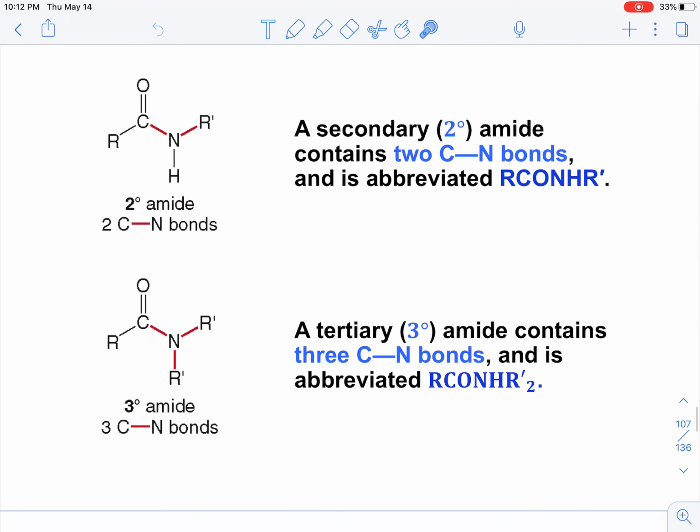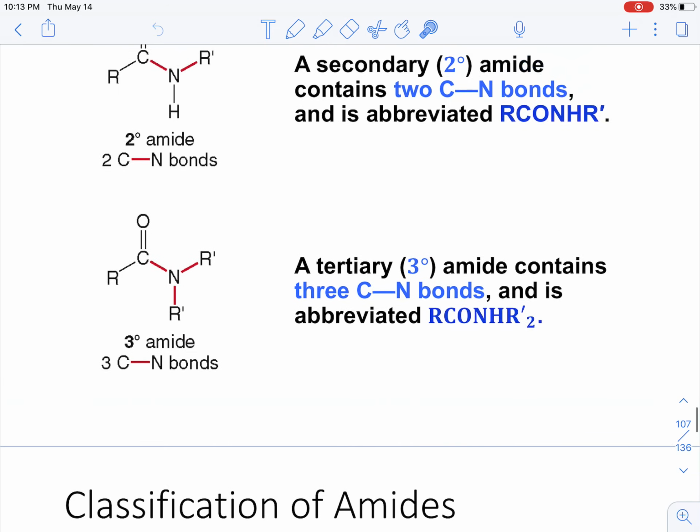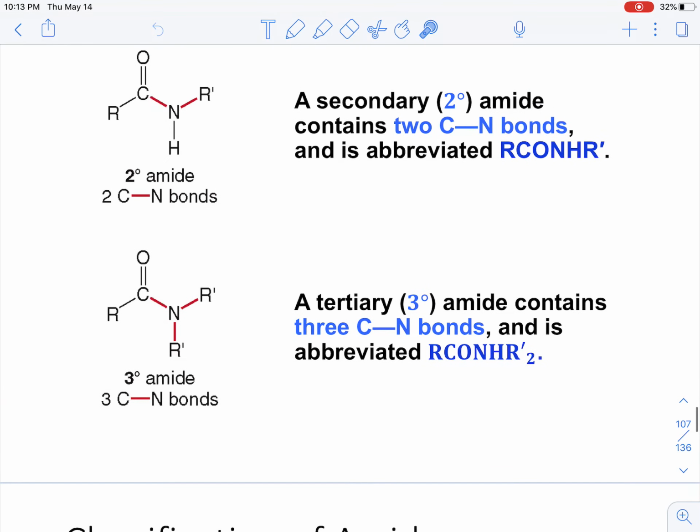A secondary amide means that this nitrogen is covalently bonded to two carbons. If you look at the number of hydrogens that this secondary amide has, it only has one hydrogen. For tertiary amides, there are no hydrogens on the central nitrogen.